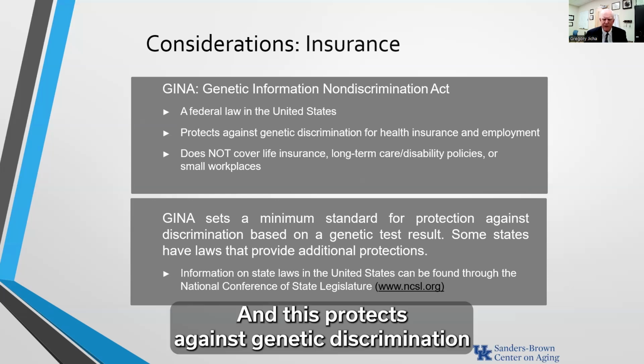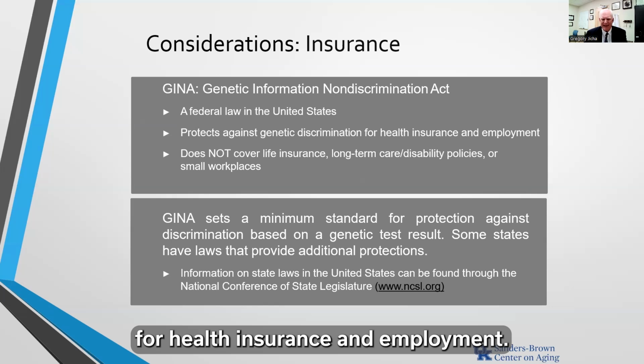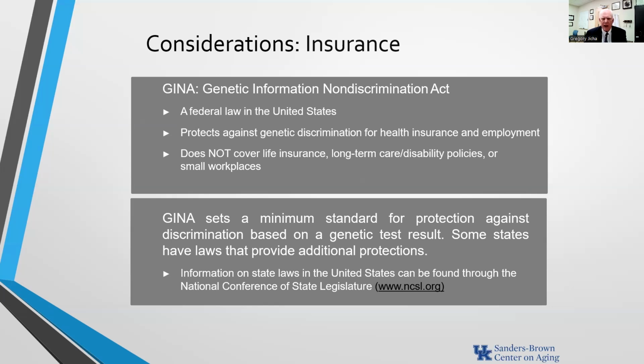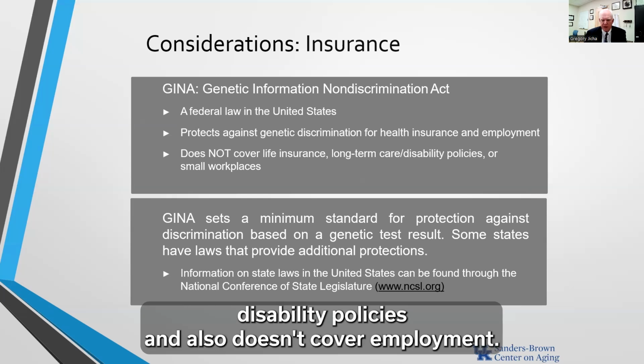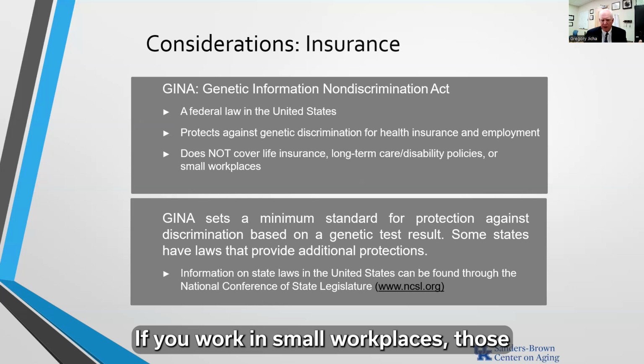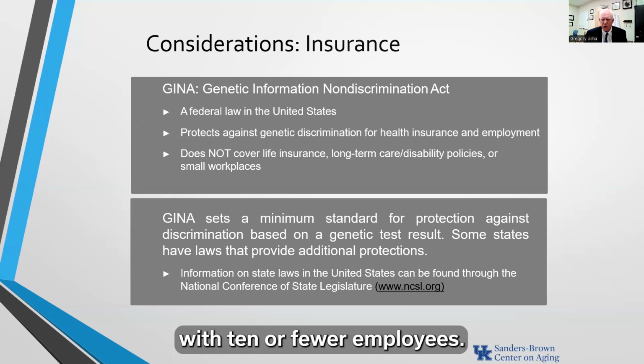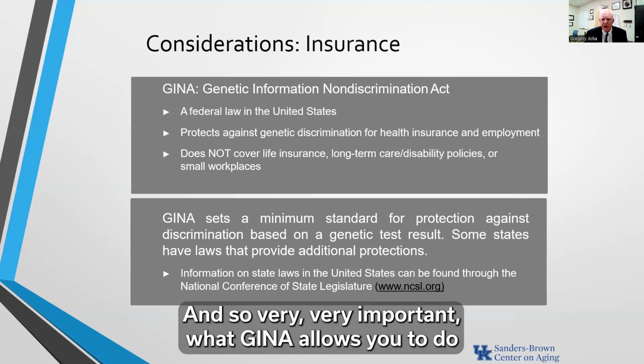And this protects against genetic discrimination for health insurance and employment. Again, this will not cover life insurance or long term disability policies, and also doesn't cover employment if you work in small workplaces, those with 10 or fewer employees. And so, very, very important.